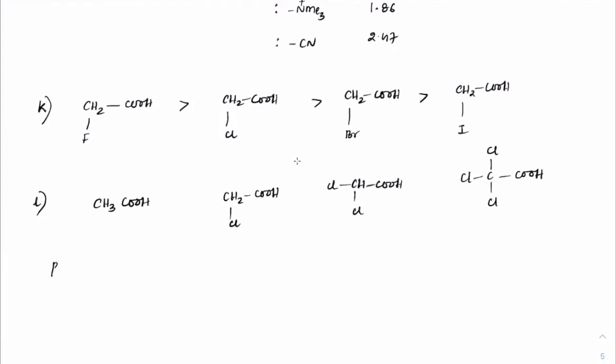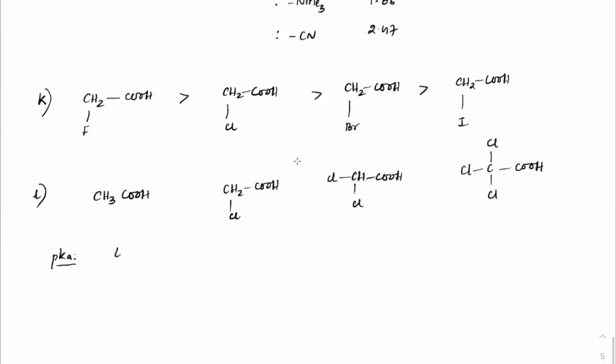If you observe the pK values now, as you keep increasing the withdrawing groups, the acidic strength drastically increases. In fact, you would see 4.76 moving towards 2.86, towards 1.25 and 0.65. So this has become highly acidic.